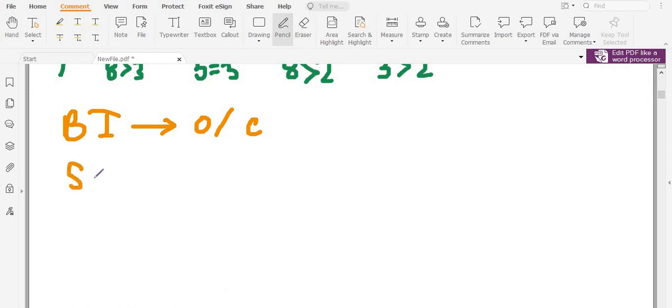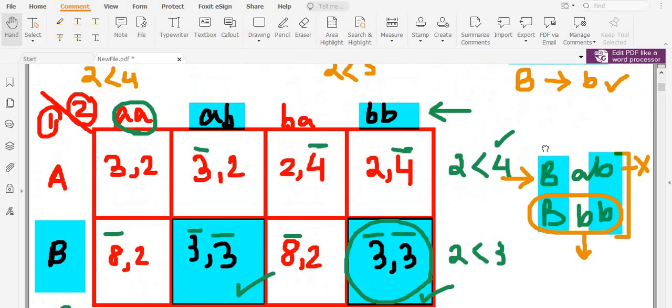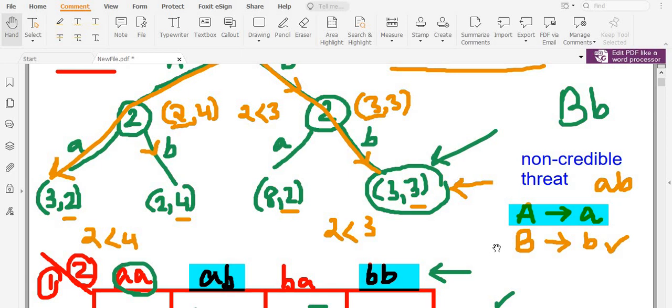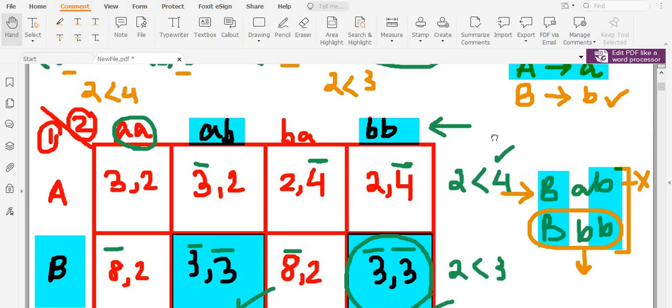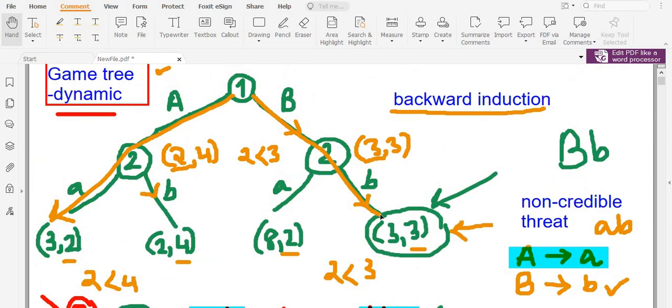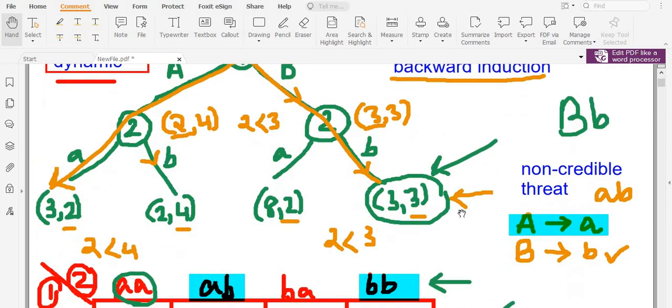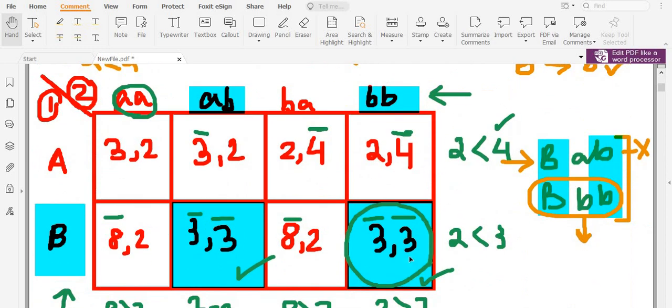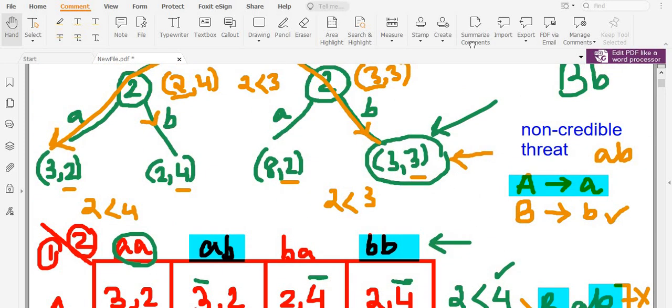This leads to a very beautiful result, which says that all backward inductions are Nash equilibria, because this backward induction outcome is also found in this setup. So we have two Nash equilibria but one backward induction.